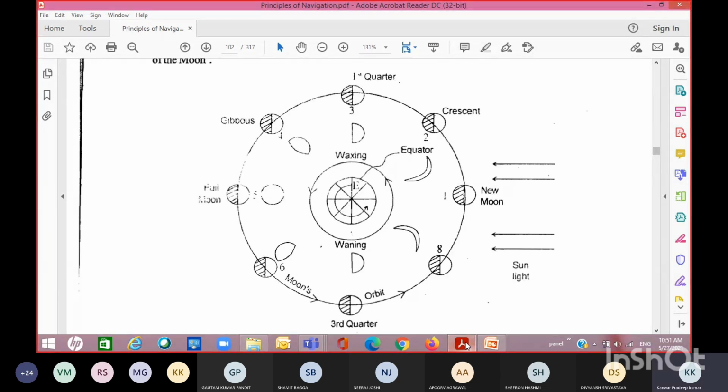The first one is a crescent. After that, it increases in size to half. After that, it increases a little more. It is bulging on the other side also. We call it gibbous. And then there is full moon.